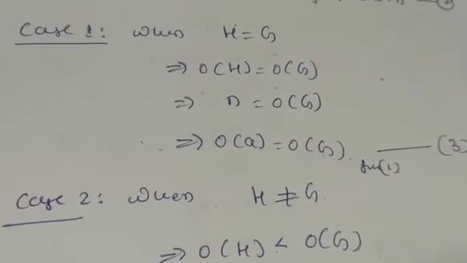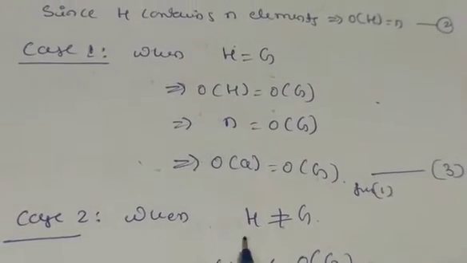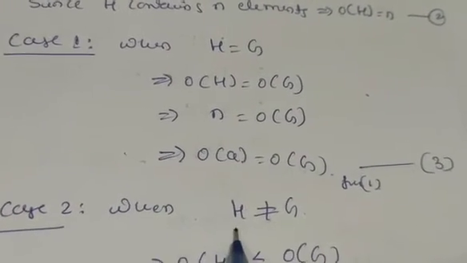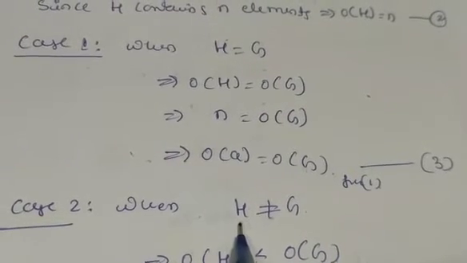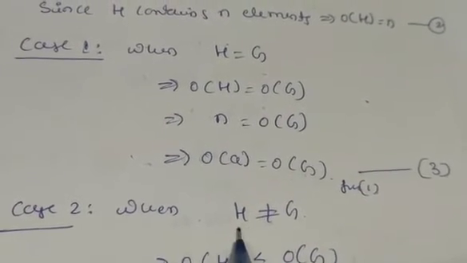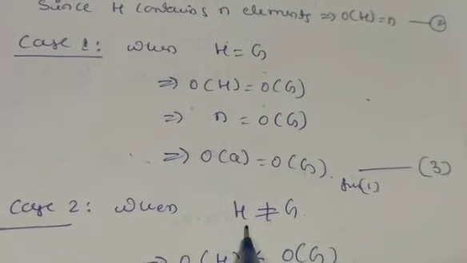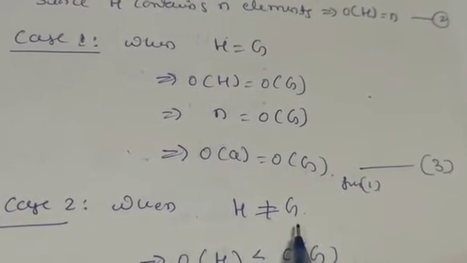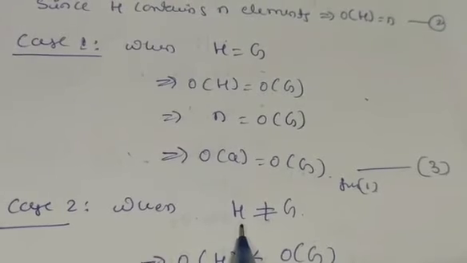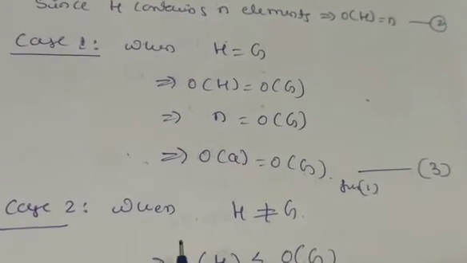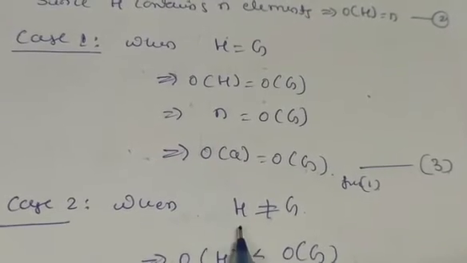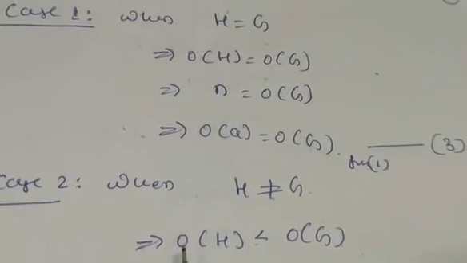So now let us take case 2. Case 2 is when H is not equal to G. Because H is a subgroup, the first point is H is a subset of G. After that, H is also a group under the same binary operation defined in G. So it may be equal to G and it may not be equal. So let us take H not equal to G as the second case.